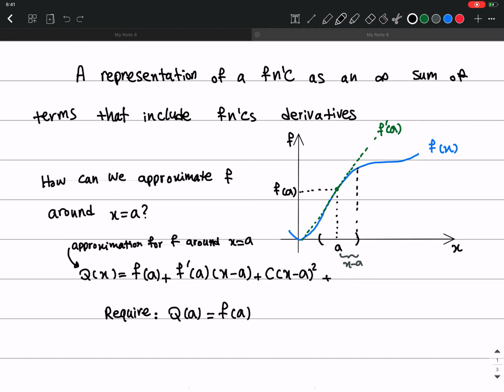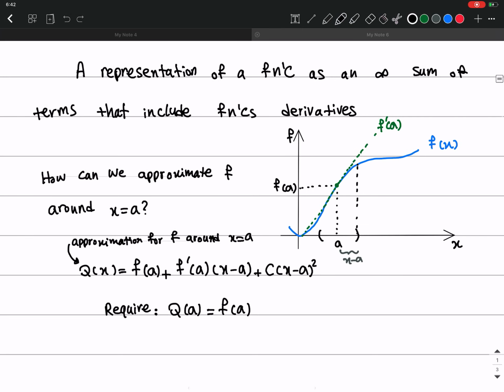For all of these, at x equals a, Q(x) is going to be Q(a) equals f(a), right? Because x minus a at x equals a is going to be 0, and this term is going to be also 0. So Q(a) equals f(a). Okay, so this requirement is already satisfied because of the choice that I made for the terms x minus a and (x minus a) squared.